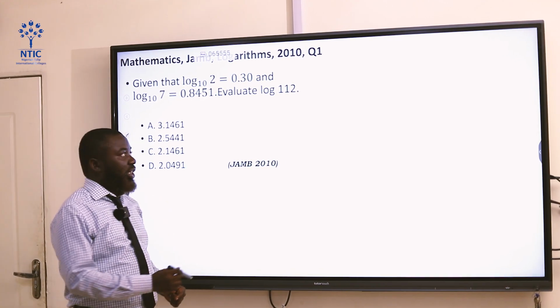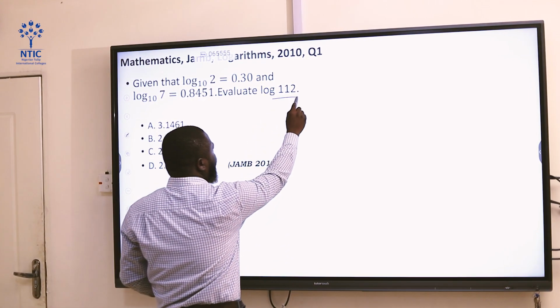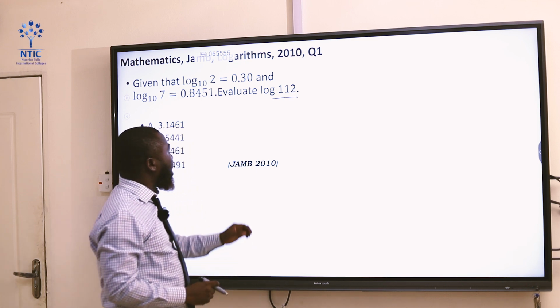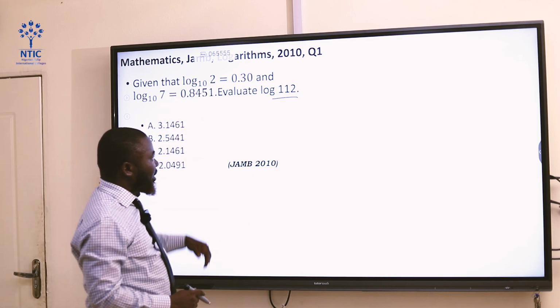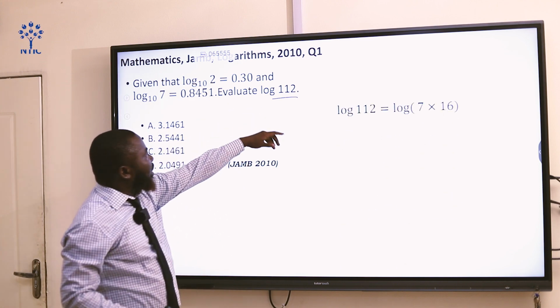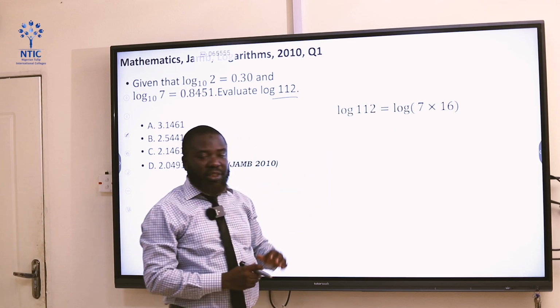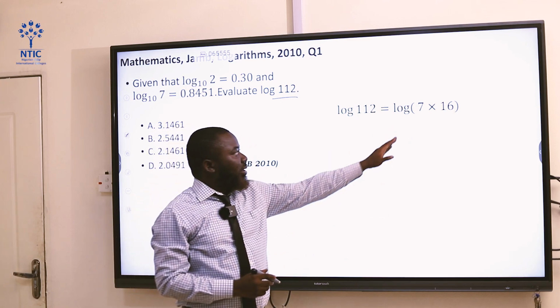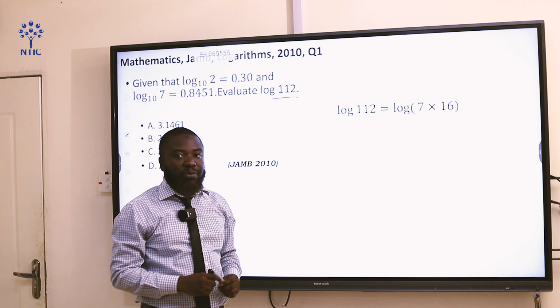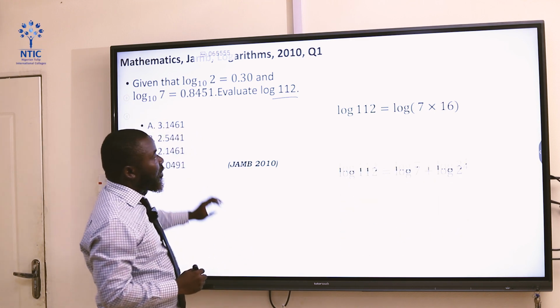So our major concern is how to break down this log 112 in order for us to have the given parameters. 112 is the same thing as 7 times 16. Then if you break down 16, it is 2 to the power of 4.